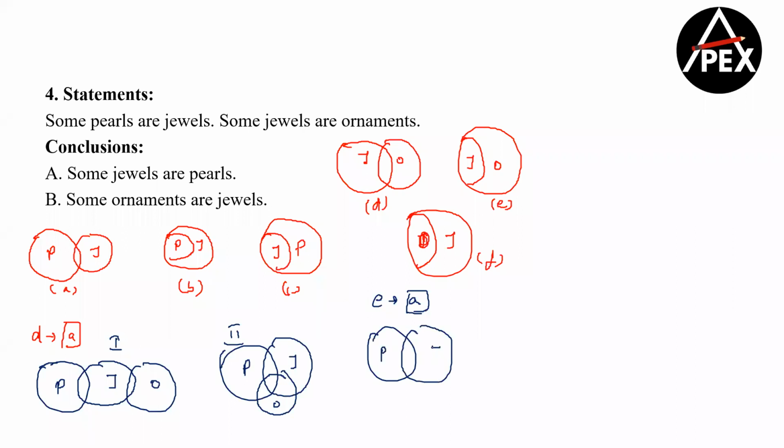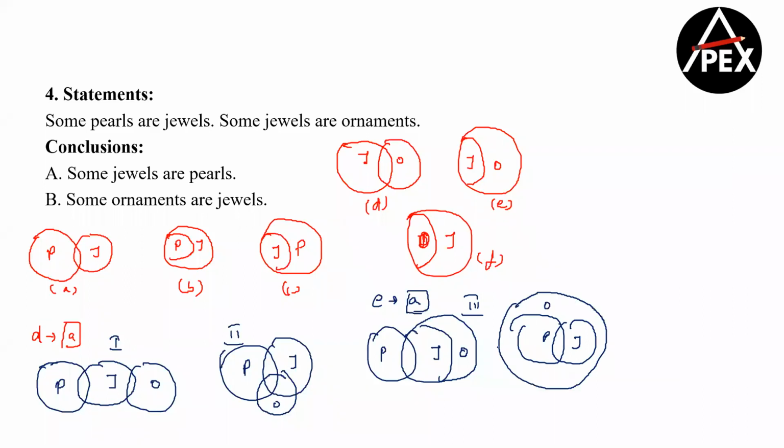P, J, and how does E look? E looks like this. Okay. Or maybe it could also be somewhat like this. Correct? All right, so this is 3 and 4.